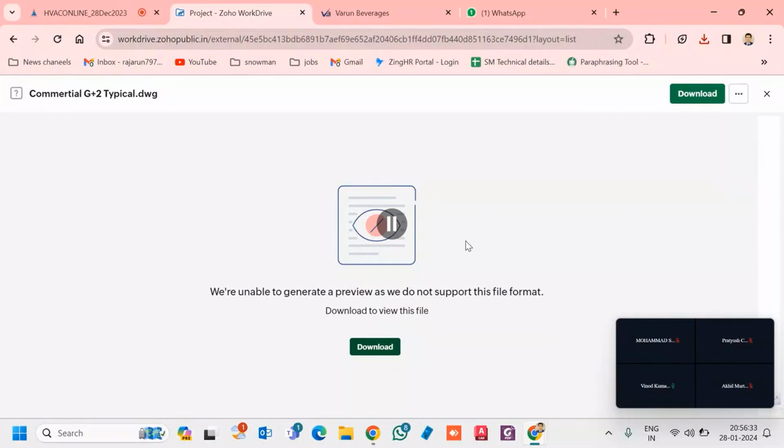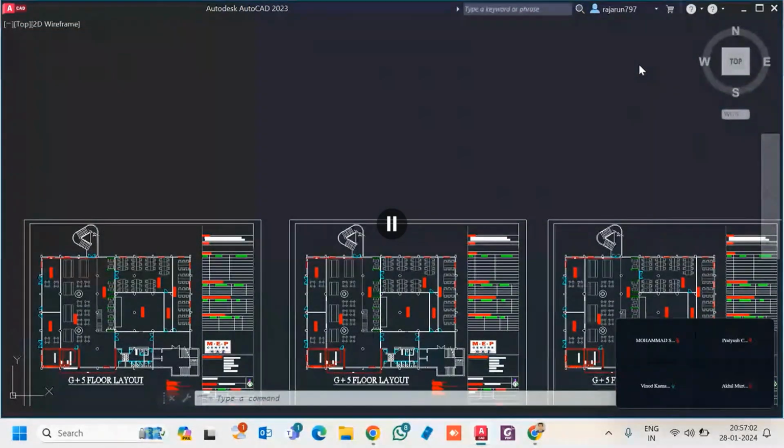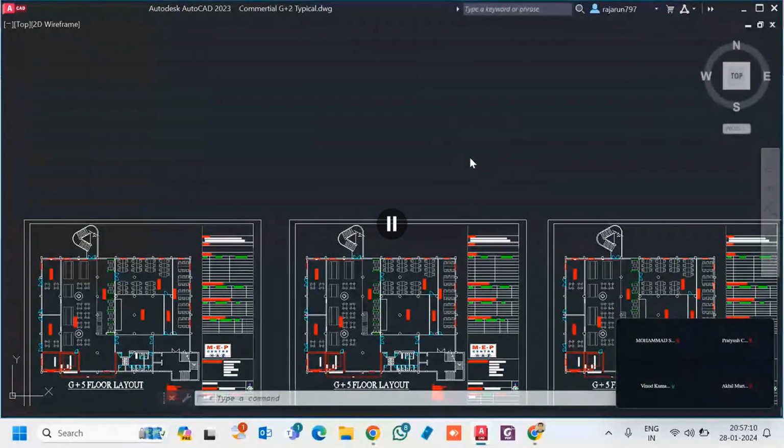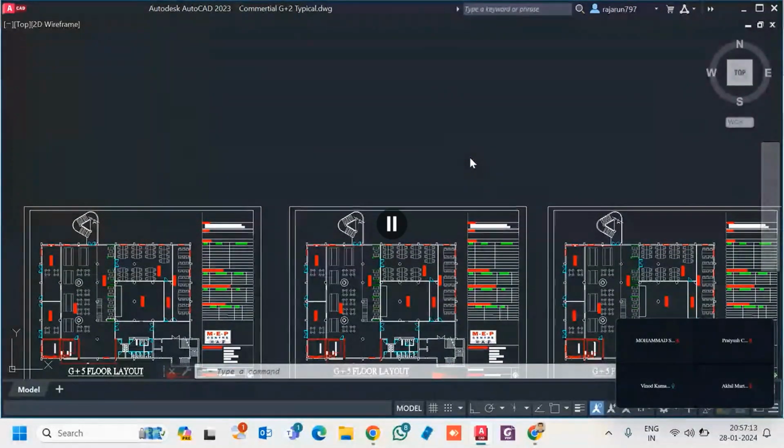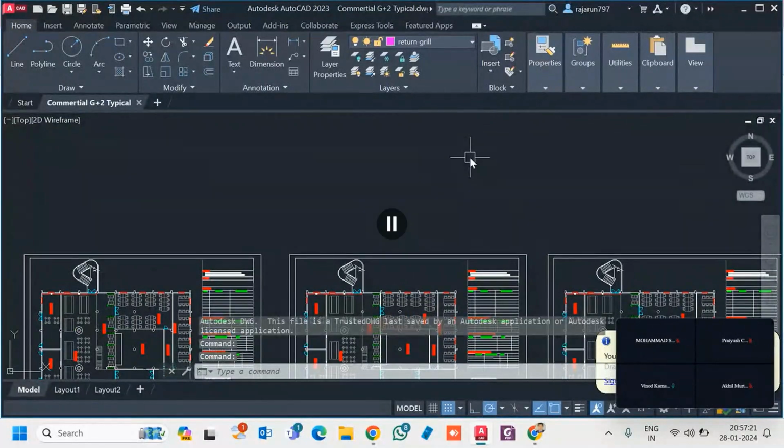Open the AutoCAD. Open the drawing. Come to desktop and open it. Yeah, this is the drawing.